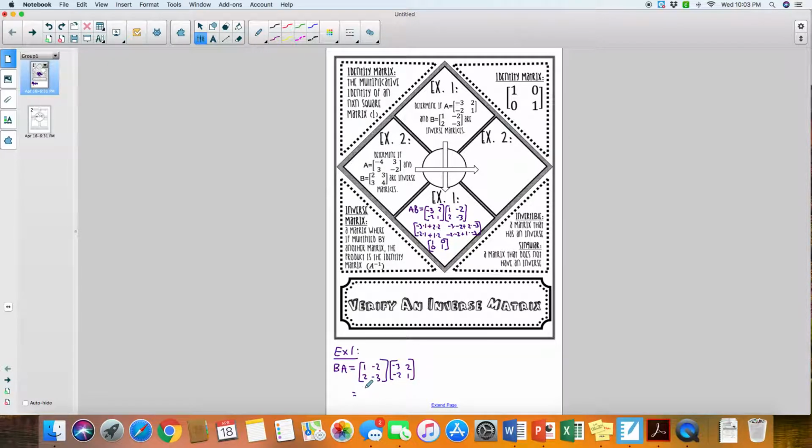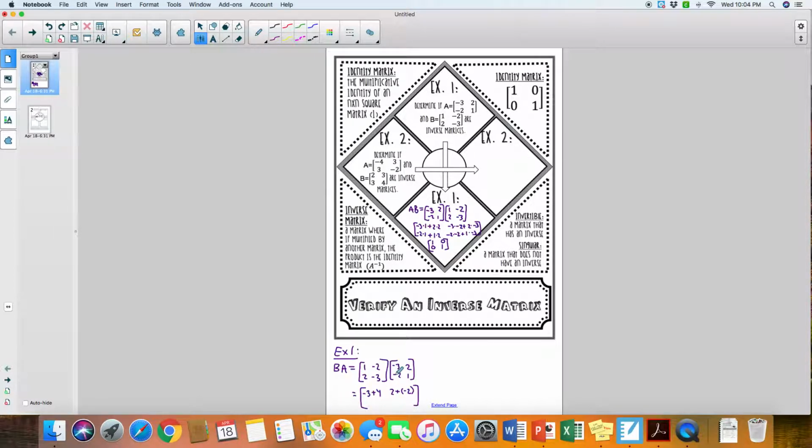So again, it is going to be rows by columns. So 1 times negative 3, which is negative 3. And then negative 2 times negative 2, which is positive 4. All right, so then I'll do first row by the second column. 1 times 2 is 2, plus negative 2 times 1, which is negative 2.